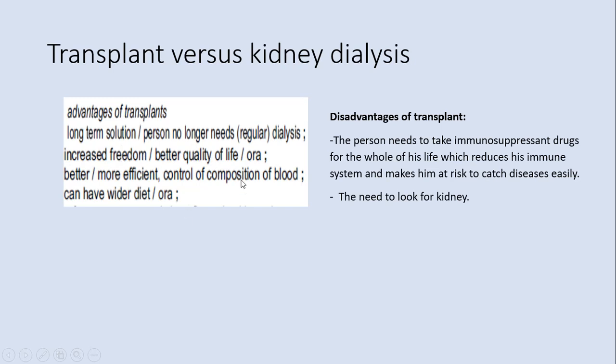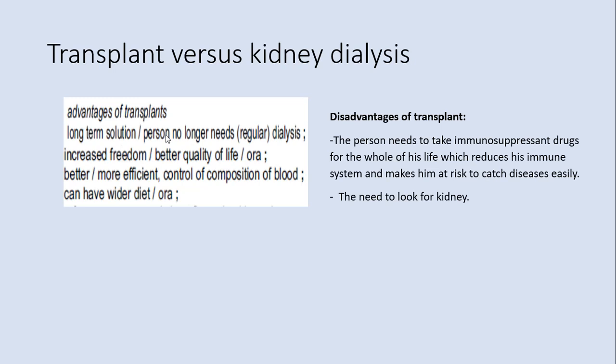Also, the composition of the blood is controlled very well, and he can eat a wider variety of diet. He can eat a diet that is high in protein, because as we know, if proteins are high and there is something wrong with the kidney, they can affect the kidney's work.